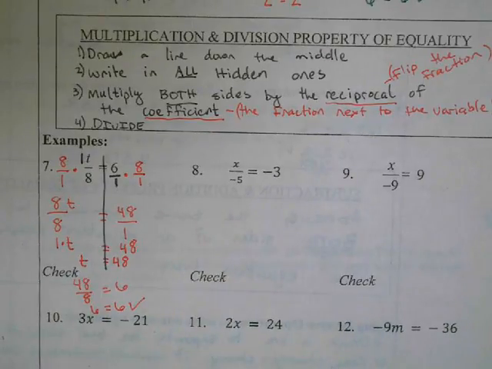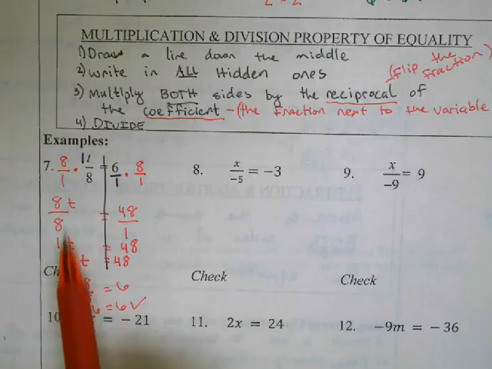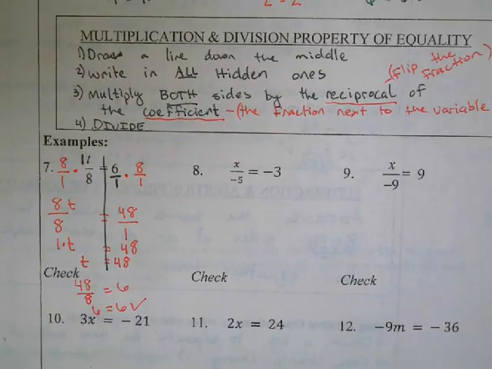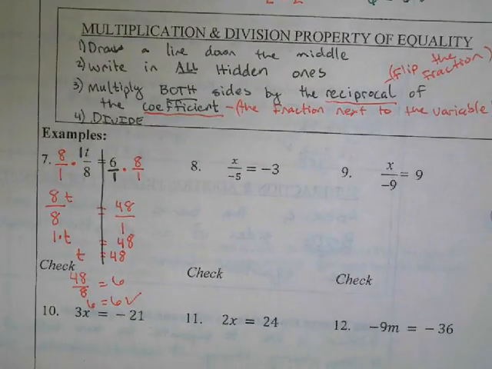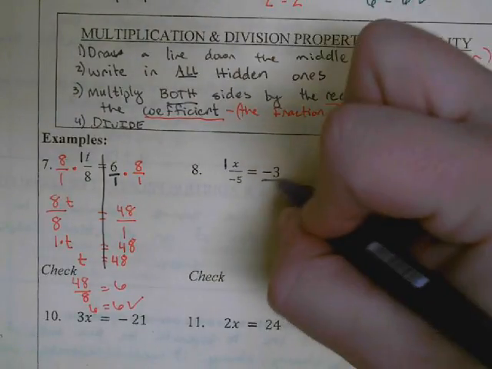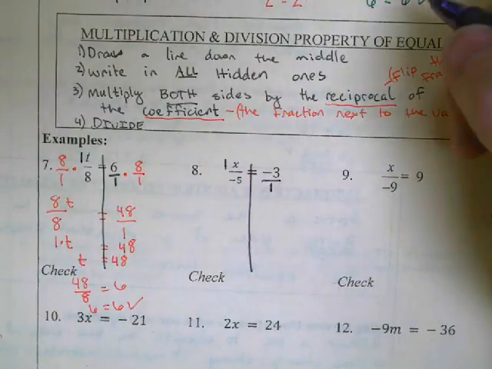Okay, now that we see on number 7 why this works, on number 8 we can kind of skip some steps. So let's write in all our hidden ones. So I have a hidden one next to my x and a hidden one underneath that.